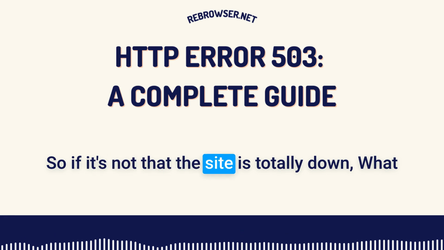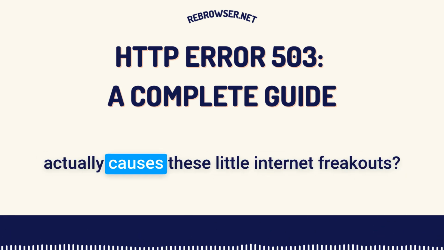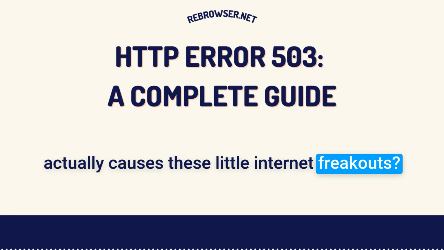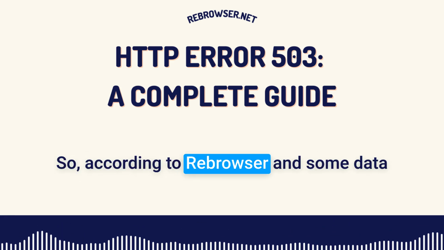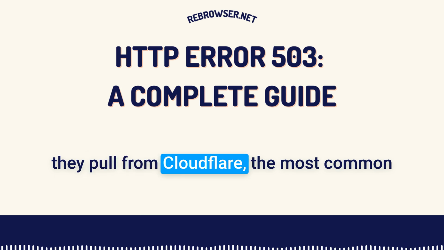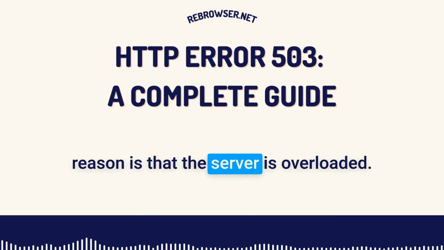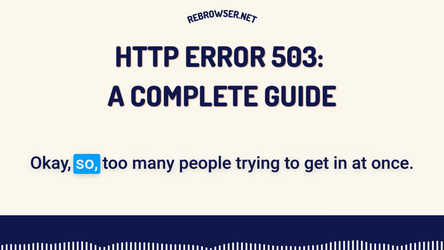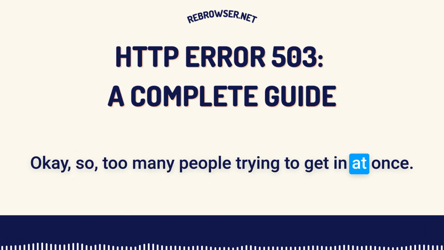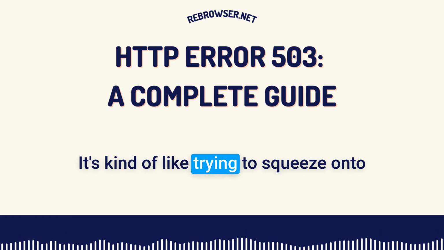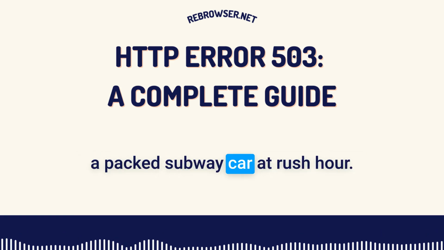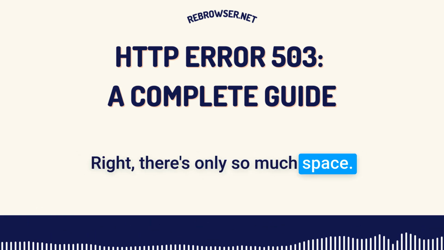So if it's not that the site is totally down, what actually causes these little internet freakouts? According to Rebrowser and some data they pull from Cloudflare, the most common reason is that the server is overloaded. Okay, so too many people trying to get in at once. Yep. It's like trying to squeeze onto a packed subway car at rush hour. Right, there's only so much space.